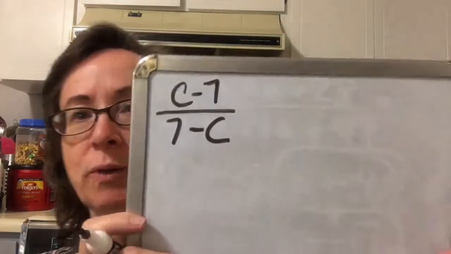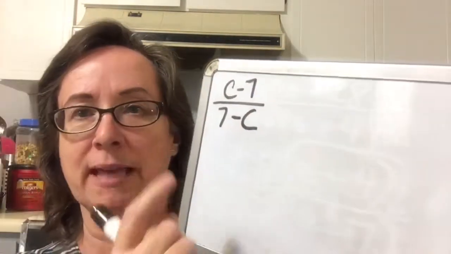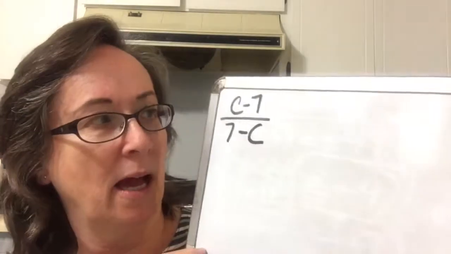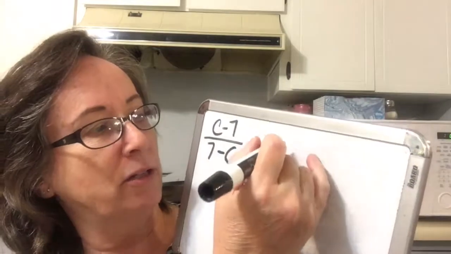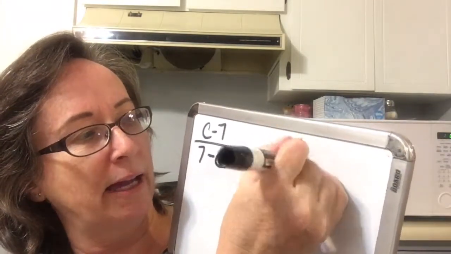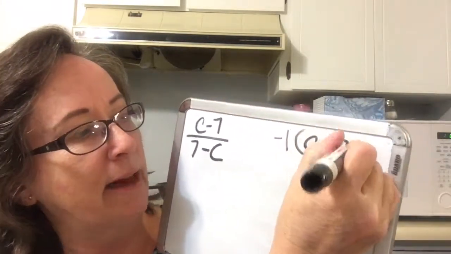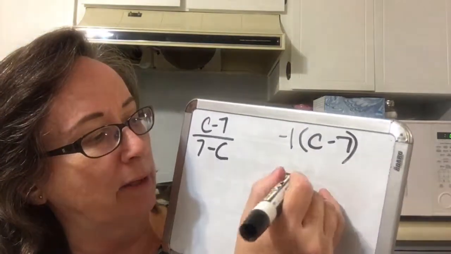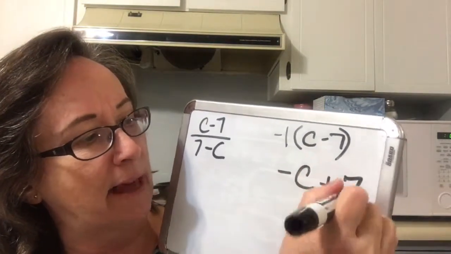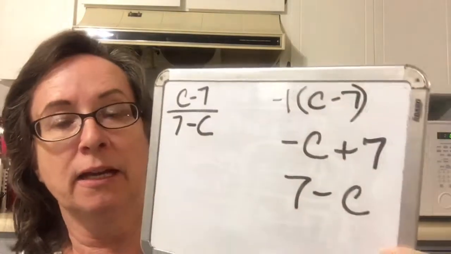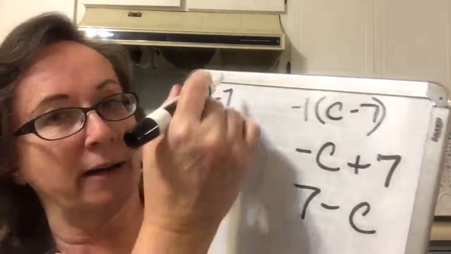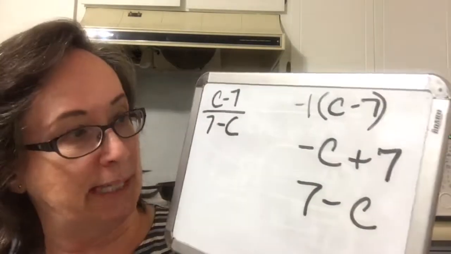Okay, so now we are going to talk about what happens when we have c minus 7 and 7 minus c. These are negatives of each other. If I took negative 1 times c minus 7, I would wind up with negative c plus 7, which could be written as 7 minus c. So the two are exactly negative 1 times each other.